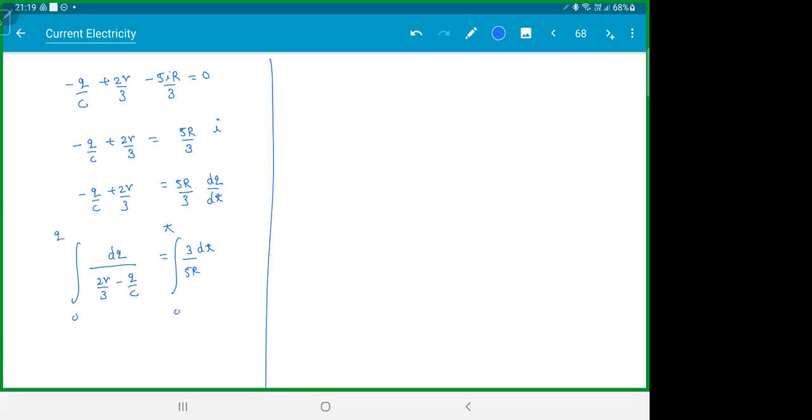That integration will become minus C ln (2V by 3 minus q by C), limits 0 to q, is equal to 3t by 5R. So this would be minus ln (2V by 3 minus q by C). Put 0, you'll get minus ln 2V by 3. Send that minus and C that side.